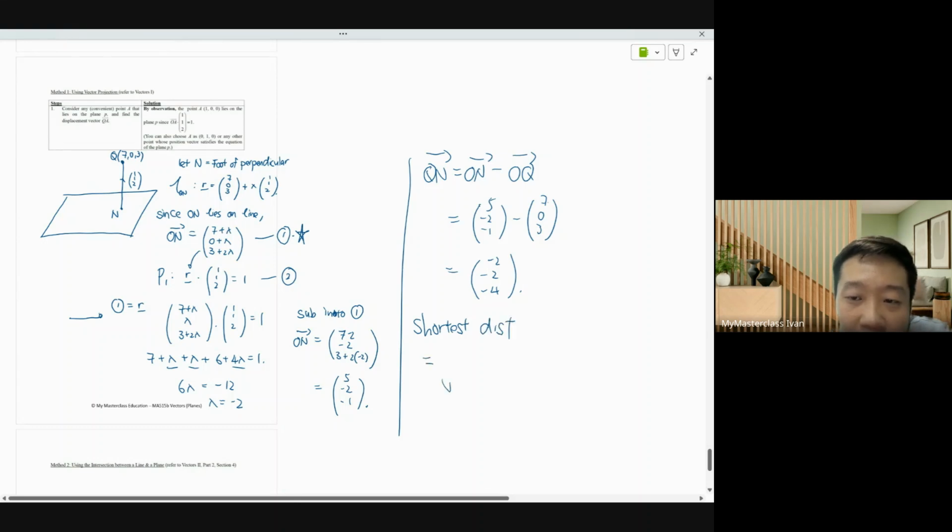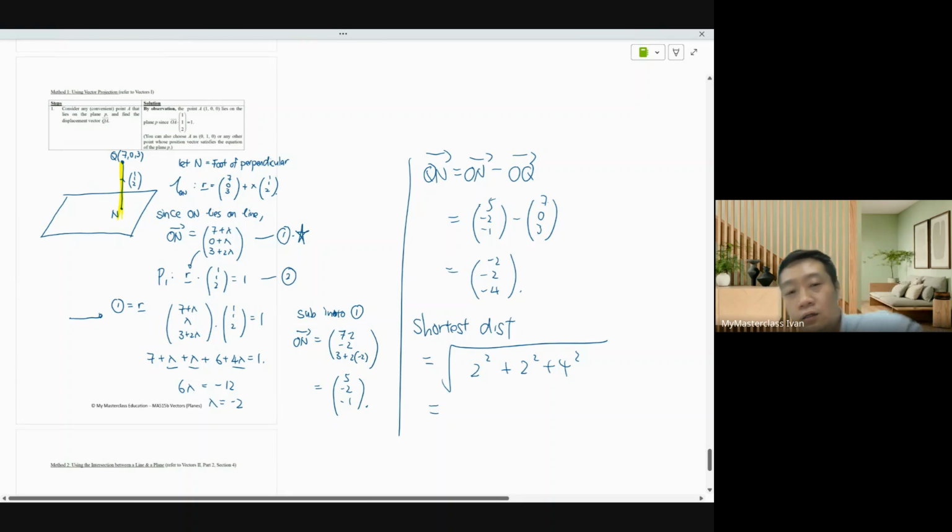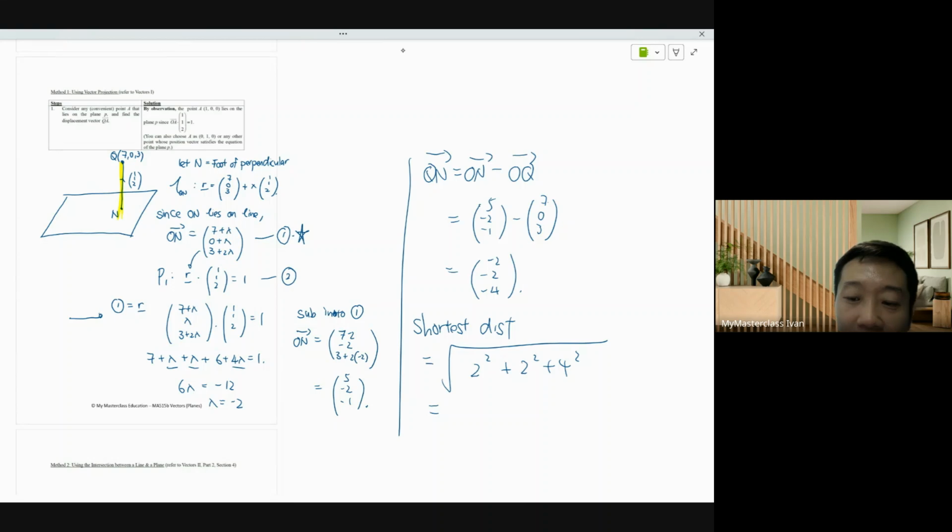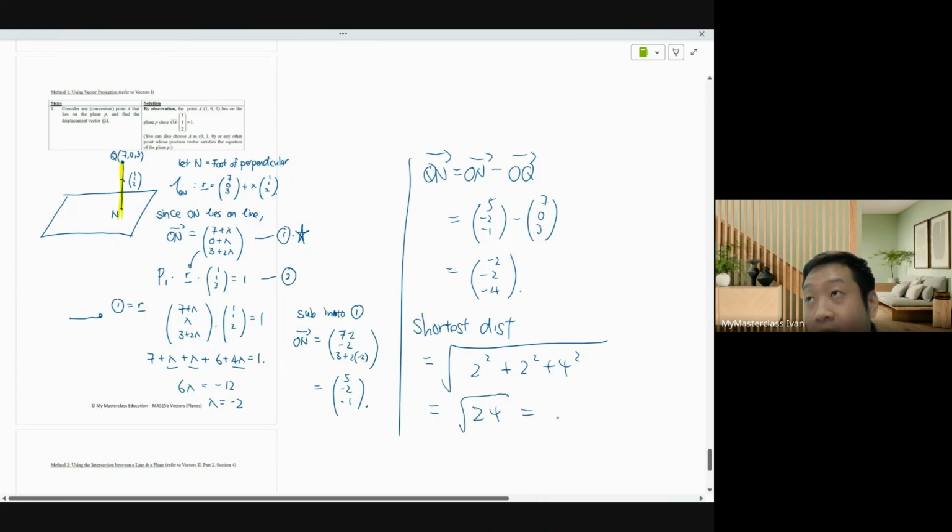So the shortest distance equals the square root of 2 squared plus 2 squared plus 4 squared, because after you found QN, right, which is here. 4 plus 4 is 8, 8 plus 16 is 24, which is 2 root 6.